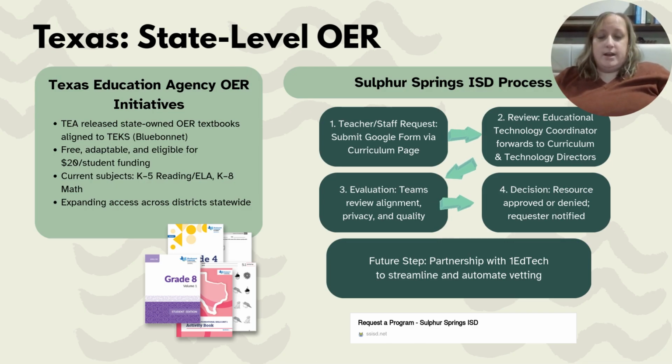I also believe that moving into next year, we will be creating more of those adoptions in ELAR, moving it up to 6th grade. These materials are free, customizable, and districts adopting them can receive $20 per student in state funding to offset any printing costs.